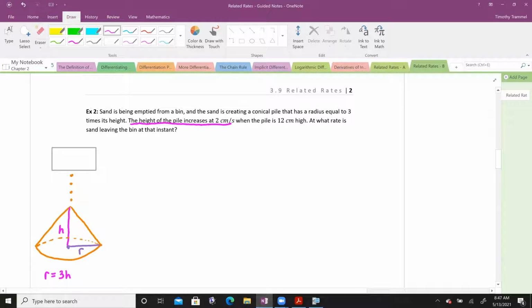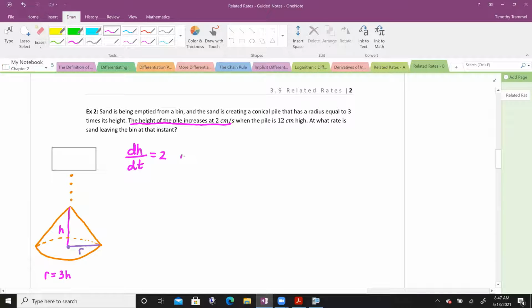Okay. So note the units here. Those units are telling us that we have a rate. We have a rate here. So the rate at which the height is changing is 2 centimeters per second. Okay.